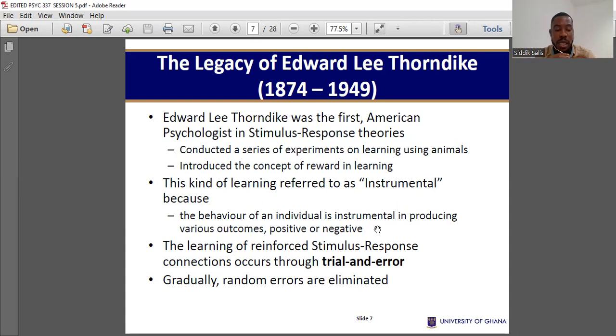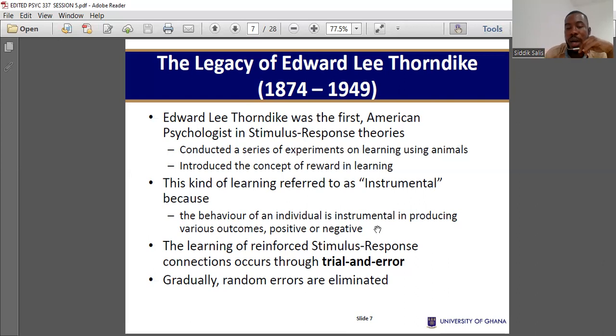For someone's behavior to be shaped, we are saying that the person himself is instrumental, essential, very key for the change of the person's behavior. That's what we are saying.